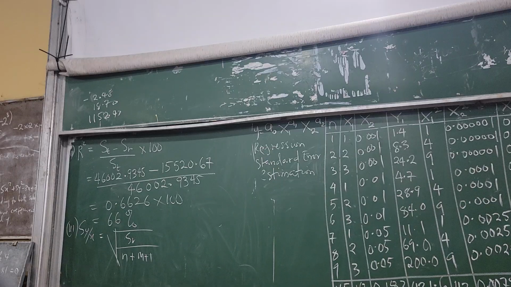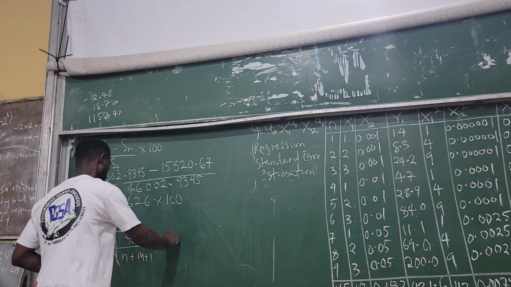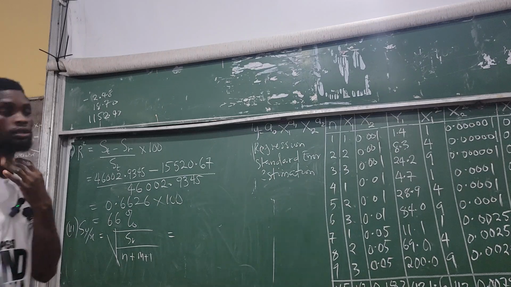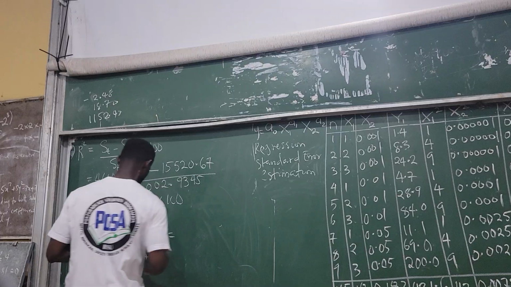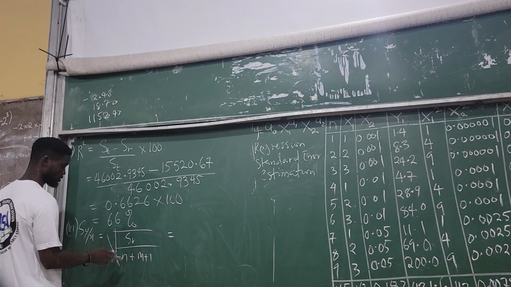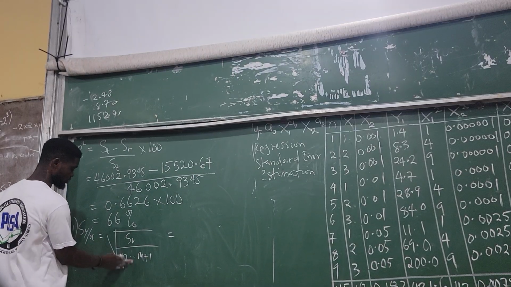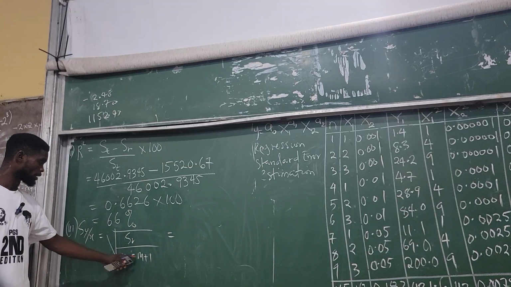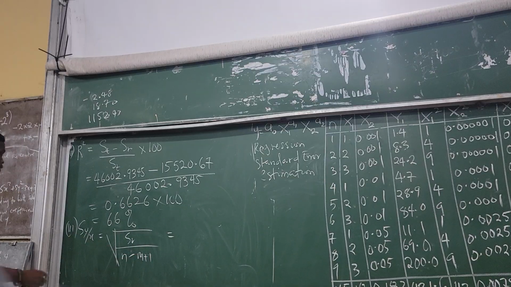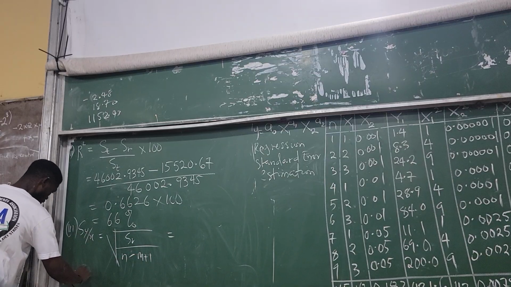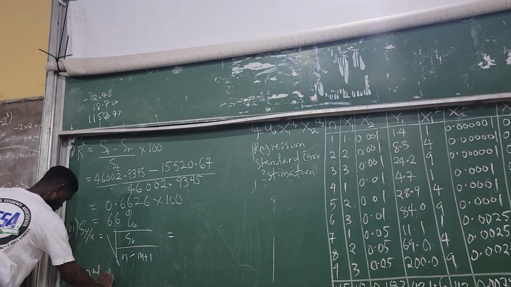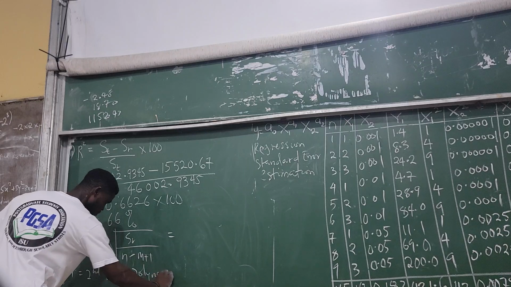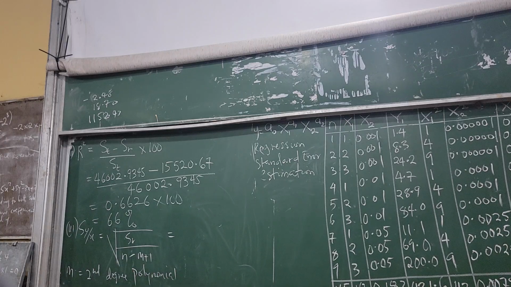So that is the formula, which will be n minus m plus 1. So what is m? Your m means your second degree polynomial. That's what we use. That's your m, and your second there is 2.